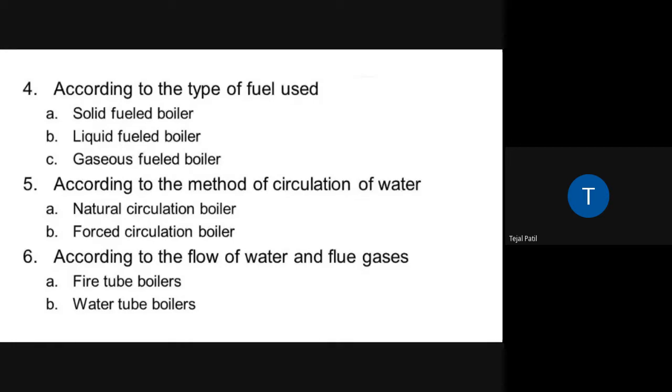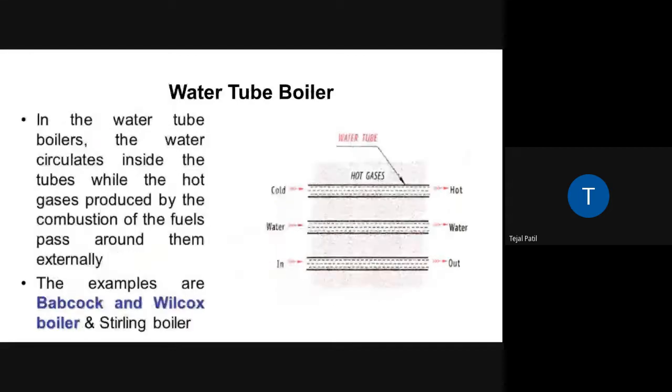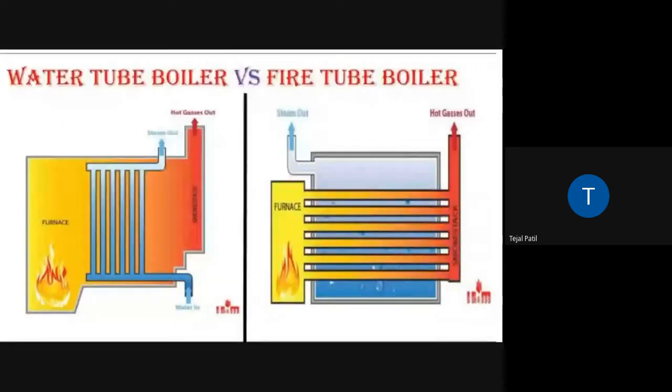Then the next one is according to the flow of water and flue gases. That means where the fire is and where the water is in the particular boiler. Let's say if the fire is inside the tube, then it is known as a fire tube boiler, and if the water is inside the tube, then it is a water tube boiler. Okay, I have shown you the differences in one particular figure.